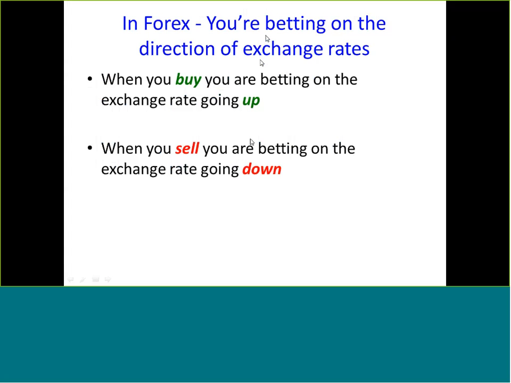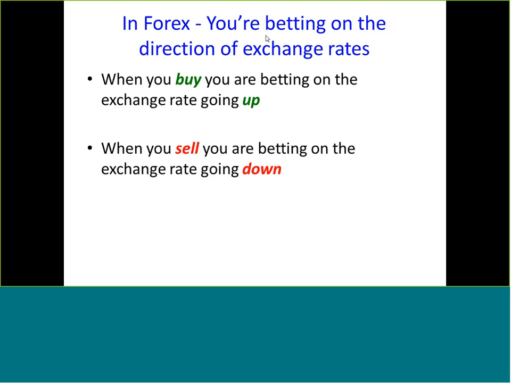So in Forex, we're betting on the direction of the exchange rates. Okay, so when you do what's called a buy transaction, you're betting on the exchange rate going up. And if the exchange rate goes up, you make money. Or you can also make money by betting that the exchange rate will go down. So you're selling.